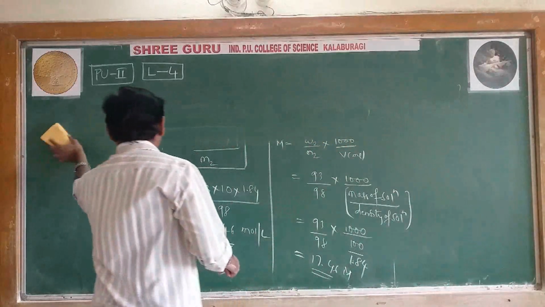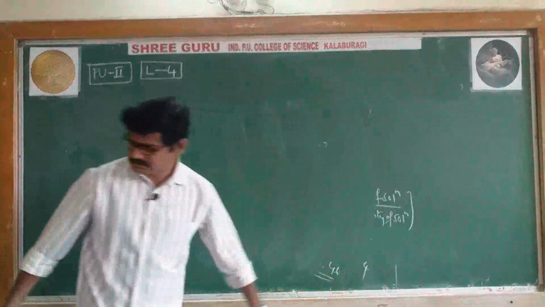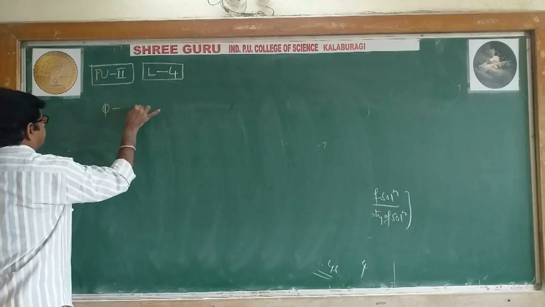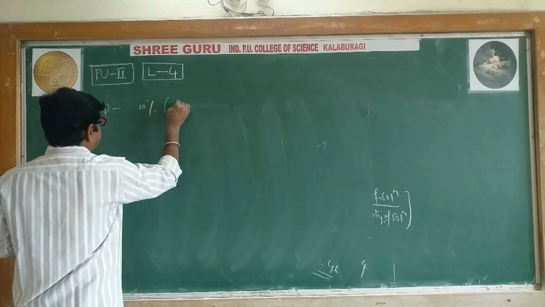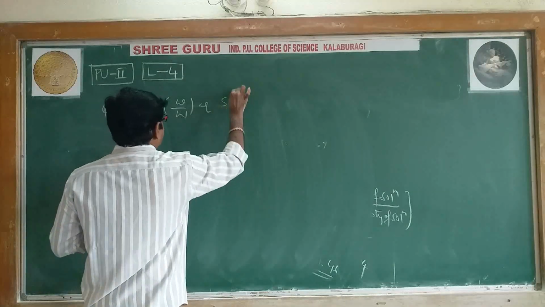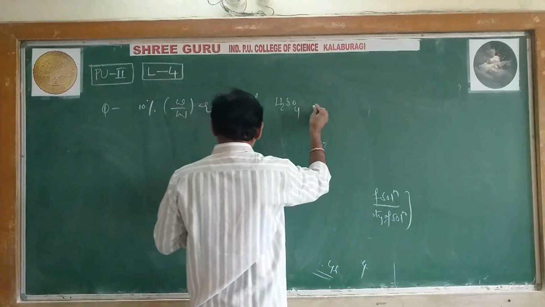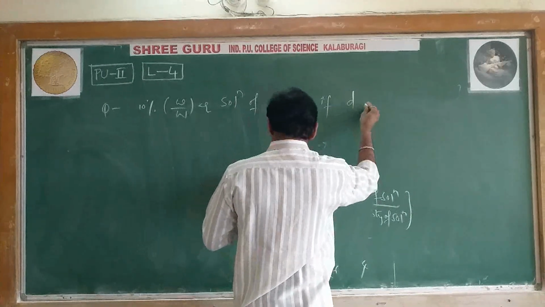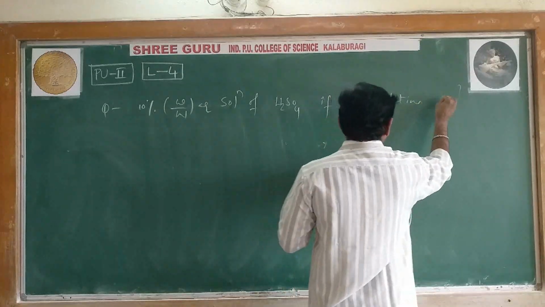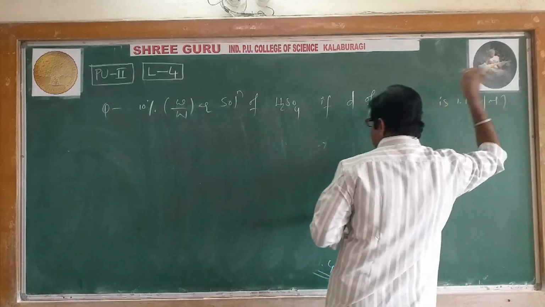Right. Next we'll see one more question, the next question we'll try to solve. 10% W by W aqueous solution of H2SO4, if the density of solution is 1.1 gram per milliliter, is the question.